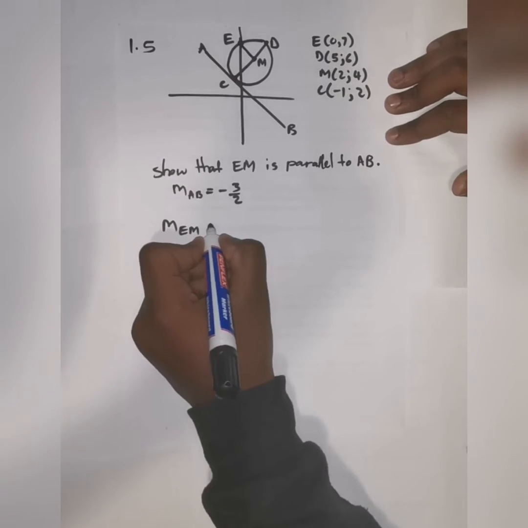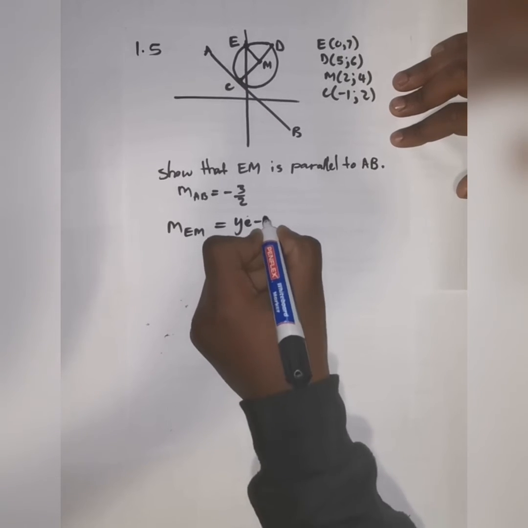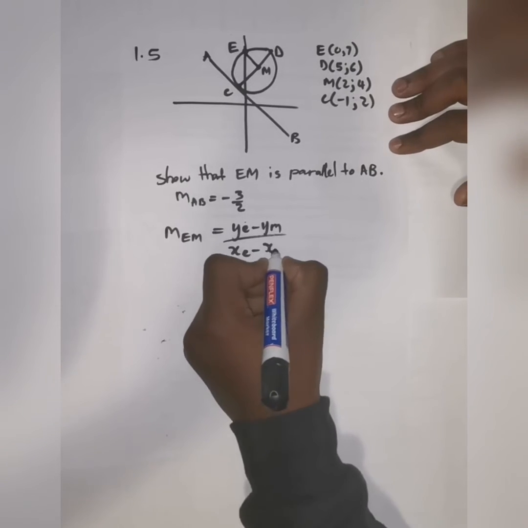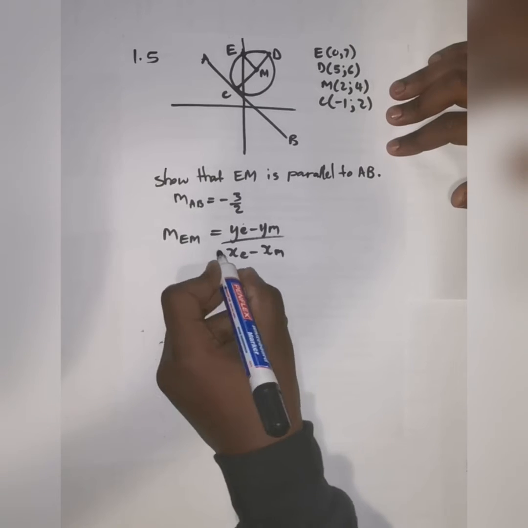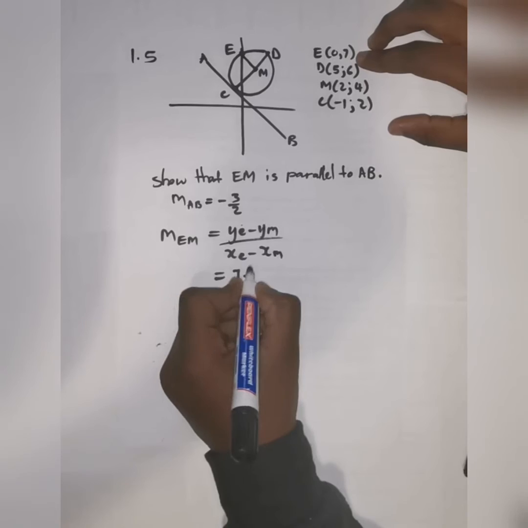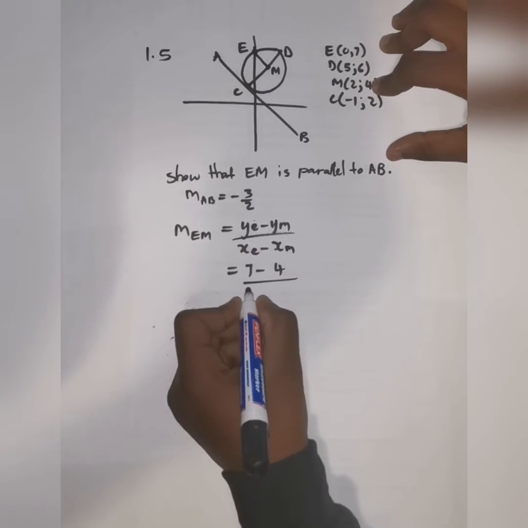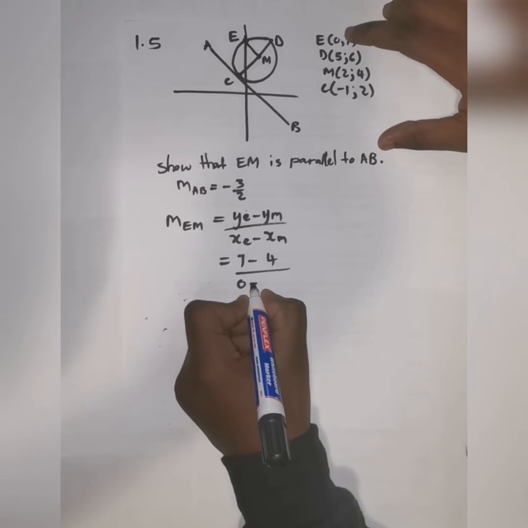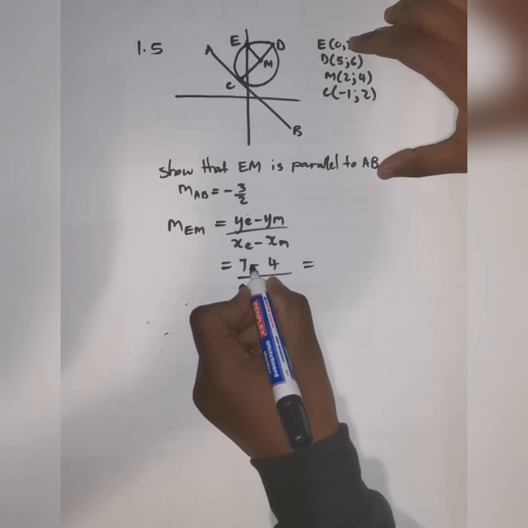We have those 2 points, so it's y of E minus y of M over x of E minus x of M. So this is going to be y of E, that's 7, minus y of M, that's 4, over x of E, that's 0, minus x of M, that's 2.